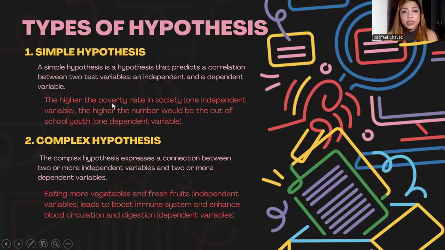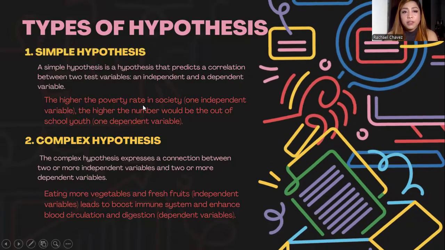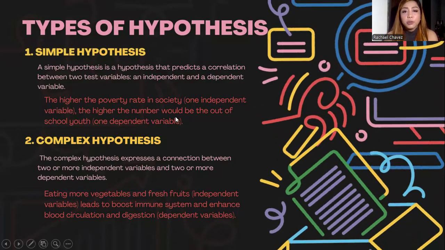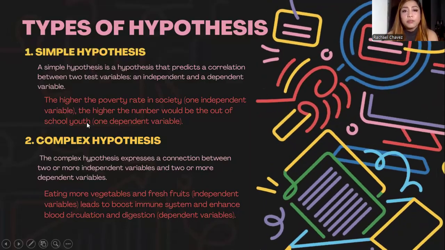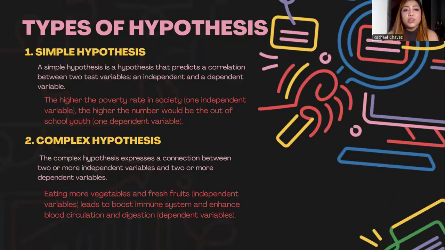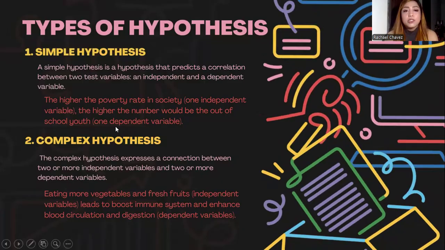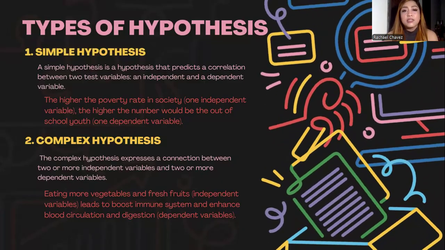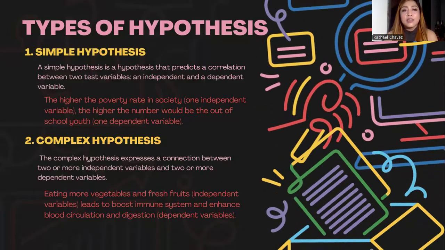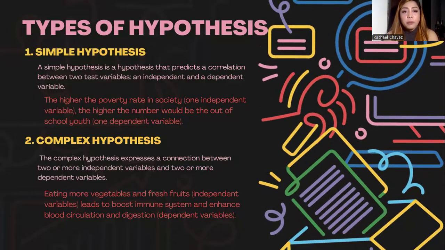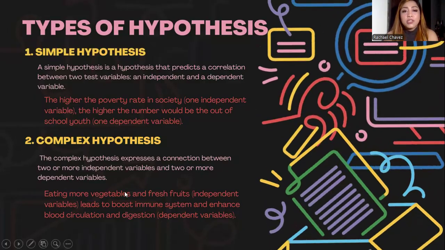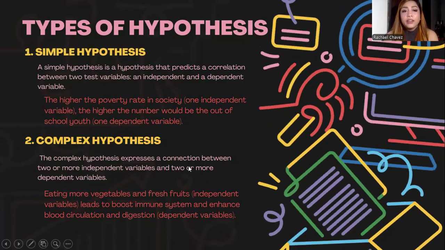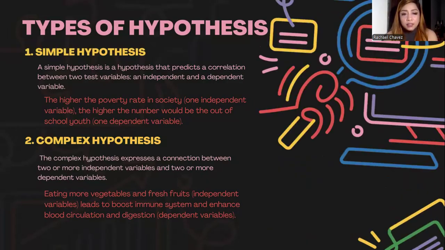That's like our example here. The higher the poverty rate, so poverty rate is one independent variable, the higher the number would be out of school youth. So that's one dependent variable. So kapag may tig-isa lang sa isang hypothesis, tig-isang IV and DV, then that's simple. On the contrary, complex hypothesis is composed of more than one independent variable and dependent variable.